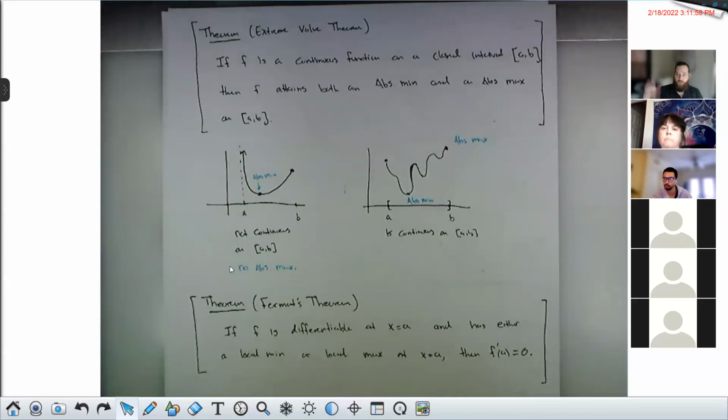Whichever one of those is largest must be your absolute max, because if the function is smooth and the absolute min, say, occurs in here as one of these valleys, then you'll detect that with Fermat's theorem by finding the solution to f prime equals 0. And the only other possibility, since this function is smooth, is that the absolute min or absolute max occurred at an endpoint. And you'll detect that by checking the endpoints.